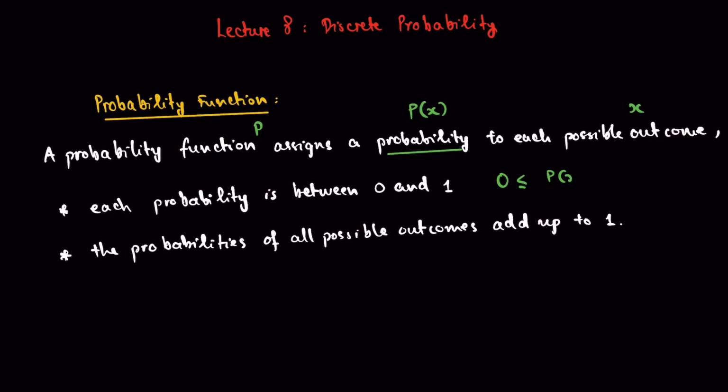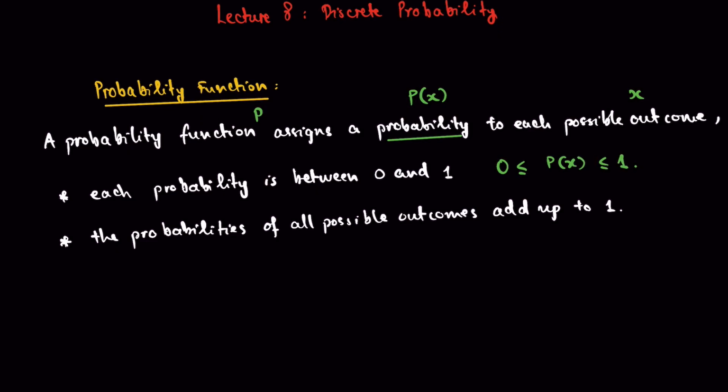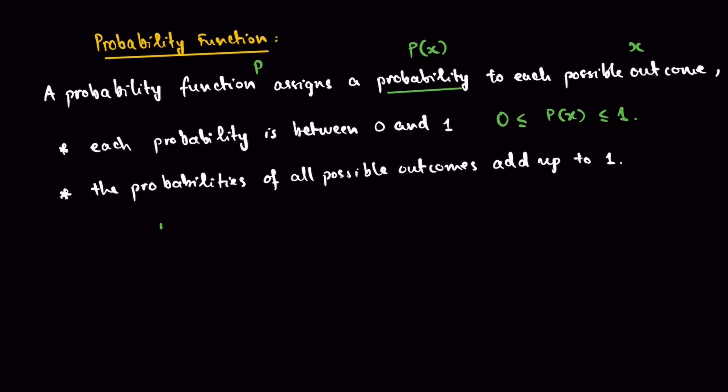So P of X is between 0 and 1. Now for the second point, the probabilities of all possible outcomes add up to 1. That is, if you have the probability of the first outcome plus the probability of the second outcome, and so forth, plus the probability of the nth outcome, they add up together and that is equal to 1.